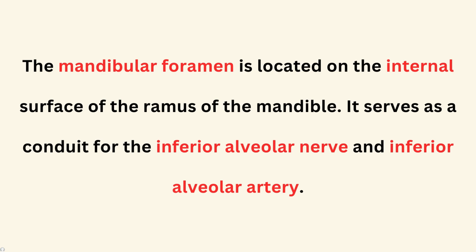It serves as a conduit for the inferior alveolar nerve and inferior alveolar artery. So that's what I mean by the neurovascular structures. The inferior alveolar nerve and inferior alveolar artery exit from the mandibular foramen.